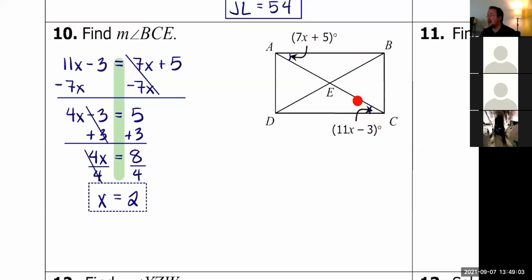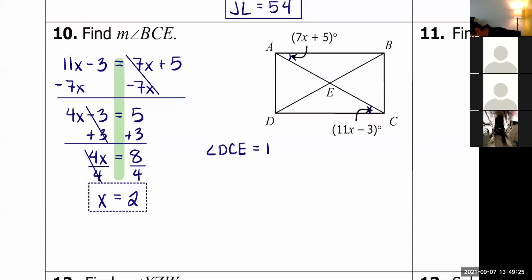And now that I know x, I can figure out that exact measurement. And once I know that exact measurement, take it out of 90, you got what's left for the piece we're looking for over there. So I first need to figure out angle DCE, which is where the 11x minus 3 is.